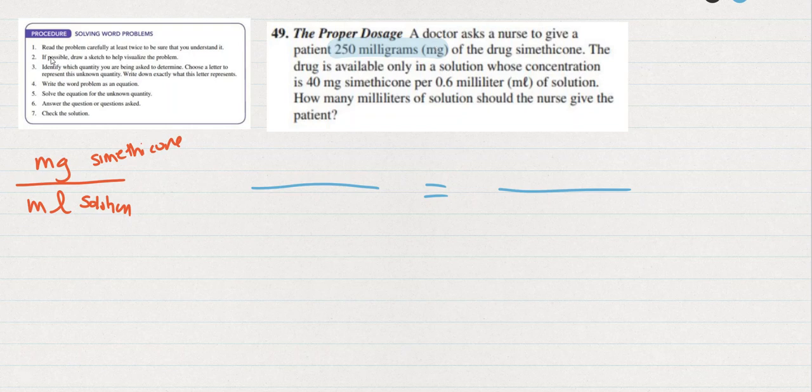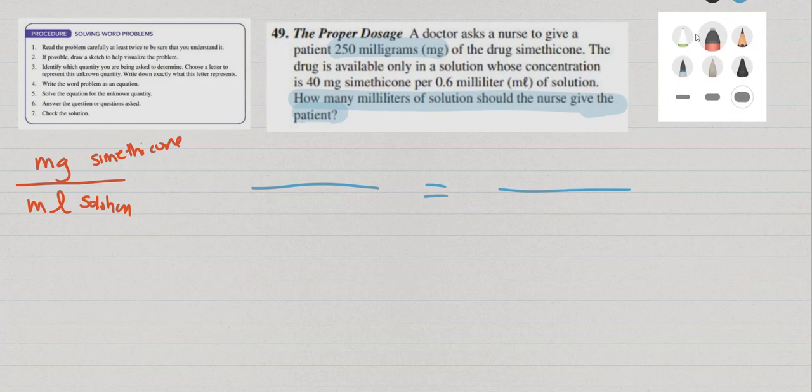Oh, I didn't really walk through the steps carefully, because the question is saying how many milliliters should she give the patient. So let's back up just a little bit. I apologize that I skipped that very important step of defining the variable.